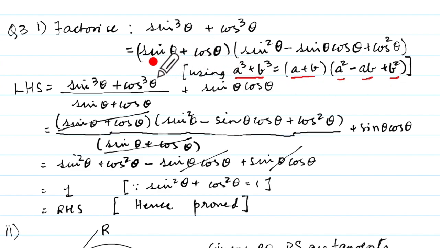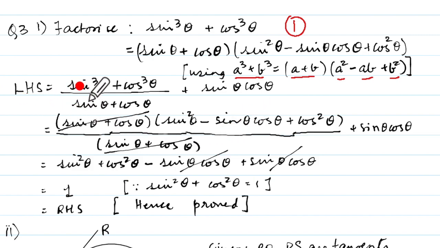And we will factorize it saying sine theta plus cos theta, taking the cube roots from here. Once we get this, square this to get sine square theta, minus multiply these two, so minus sine theta cos theta, and plus square of this, so that is plus cos square theta. And so we got that as 1 mark.